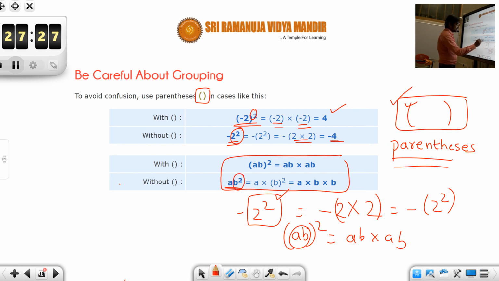So A into B is repeating 2 times, so B into B. Students, try to clearly follow which number is repeating how many times. If something is mentioned in the bracket, then that whole is repeating so many times. If there is no bracket, then only that particular number is repeating.